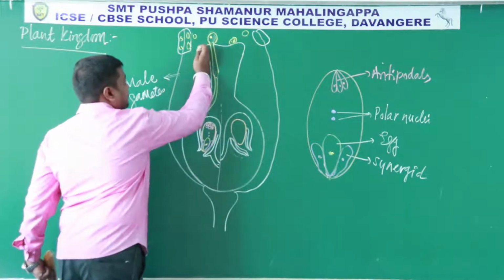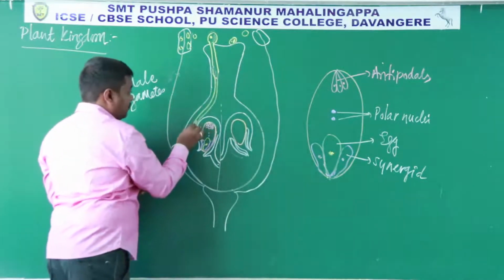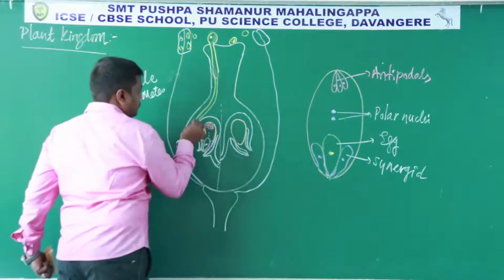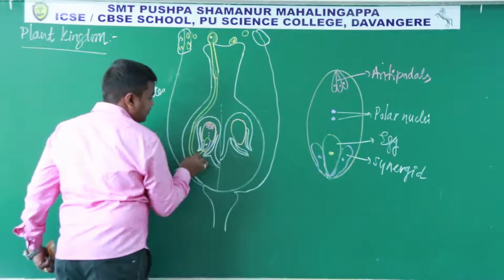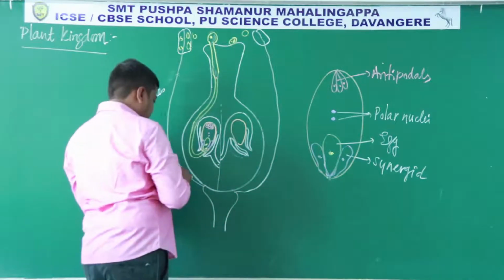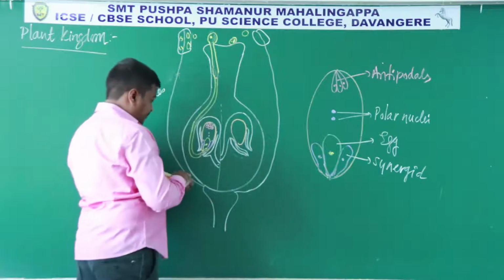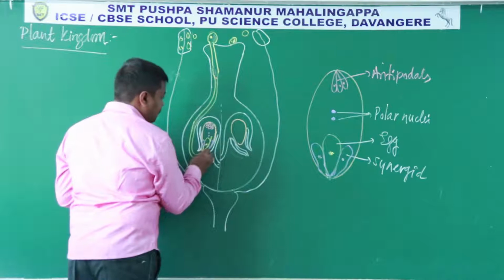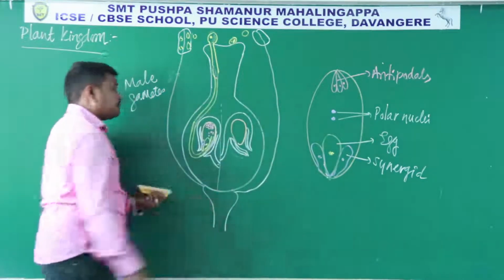Let me say they are moving along with the pollen tube, and this pollen tube enters into the embryo sac along with the 2 male gametes. Then it releases the 2 male gametes inside.